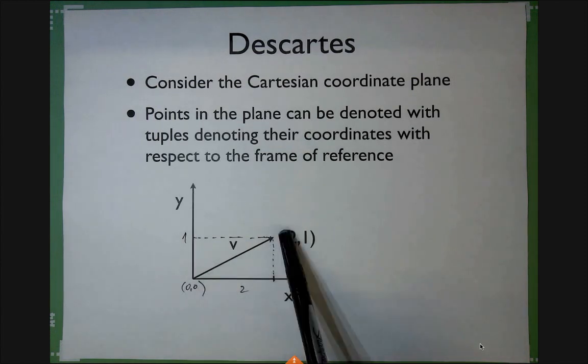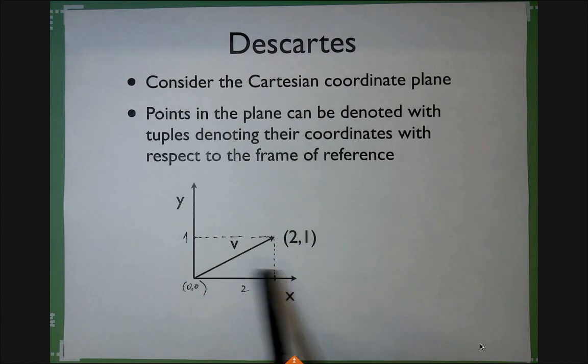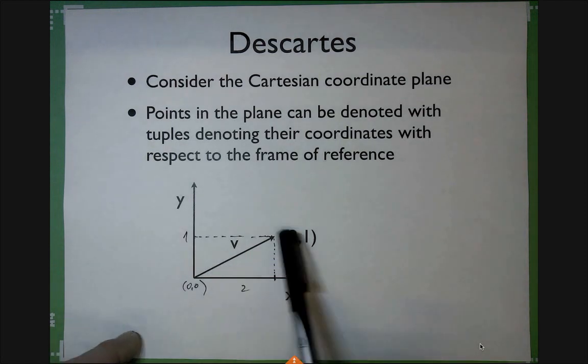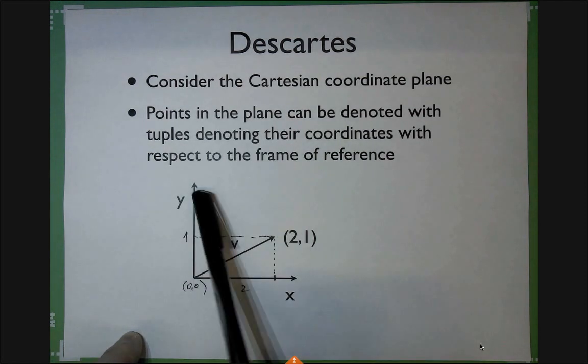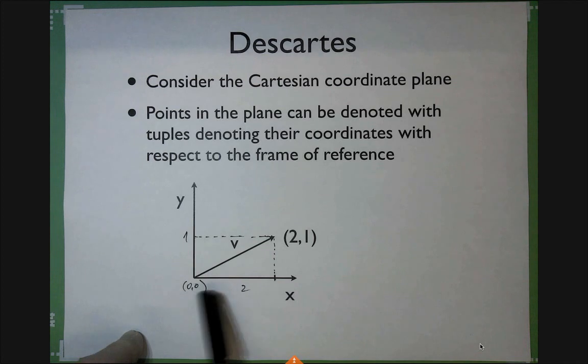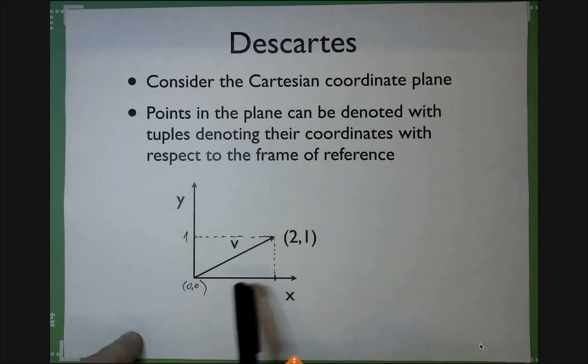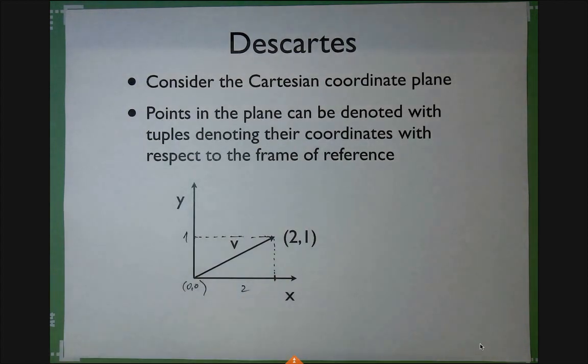By the way, this idea of taking coordinates of vectors is a central theme of linear algebra, which we will formalize later. So here is how you can look at a vector as an arrow which has some coordinates with respect to some frame of reference. Here I chose an orthogonal coordinate system, these axes x and y, and I can find the coordinates of any vector with respect to these axes.